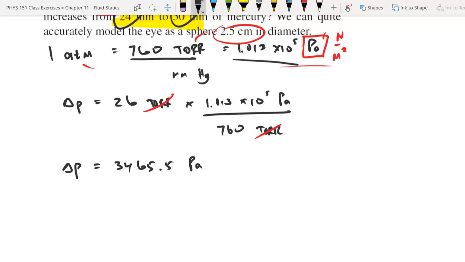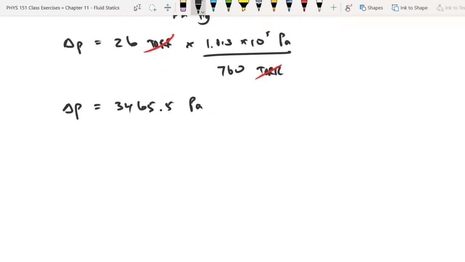So there's the increase in pressure in pascals, but we want the force, right? Not the pressure, but how much additional force is being exerted on the eye. We know that pressure is equal to force over area, so the increase in pressure would be the increase in force divided by the area.